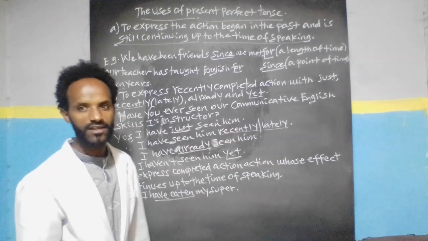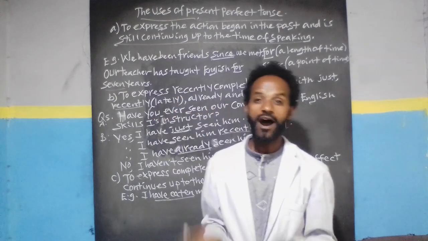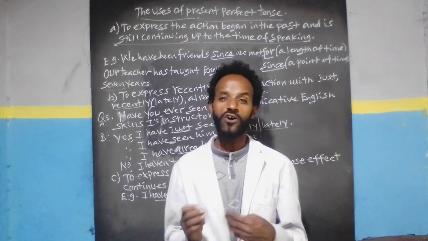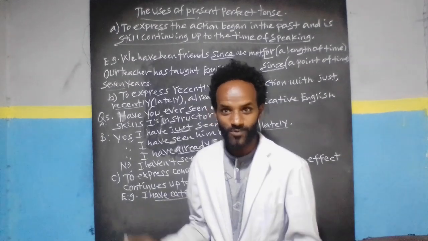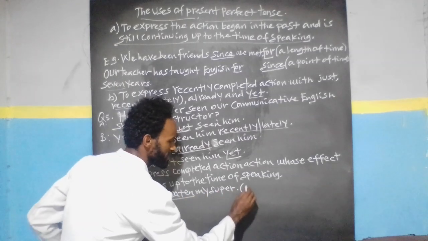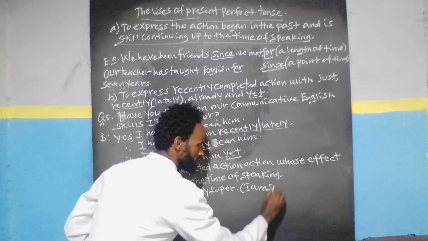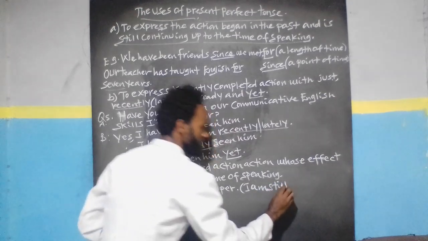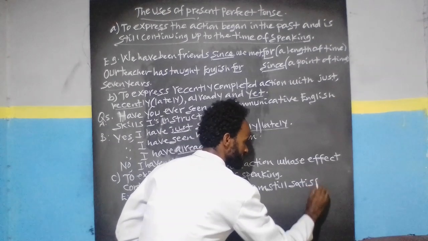If I say this, the result shows that I am still satisfied. I don't need any more food to eat right now. Yes, the result of this one is what? We mean that I am still satisfied.